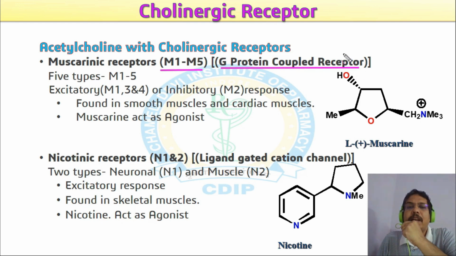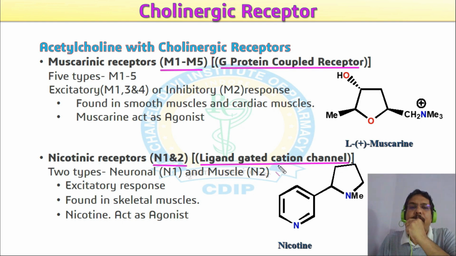While if you look at the nicotinic receptors, these receptors are of two types, known as N1 and N2, and nicotinic receptors are ligand gated cation channels.